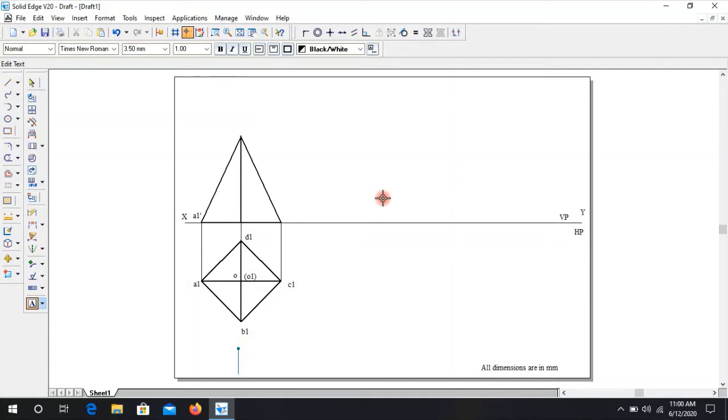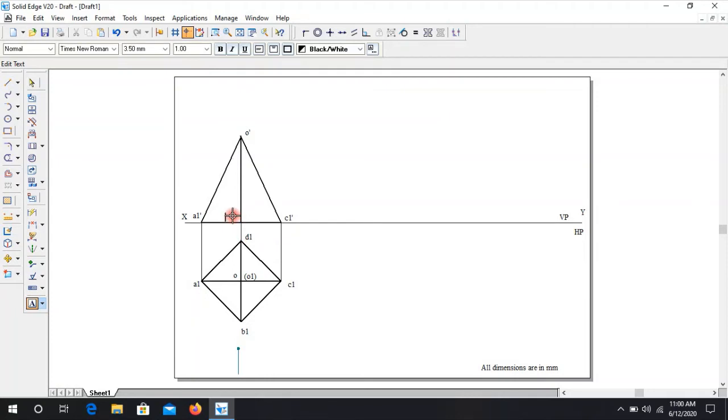This will be the coordinate C1 dash. This apex is point O dash. And this point represents, along this line I am having points B1, O1 and B1 is visible, O1 and B1 are not visible.